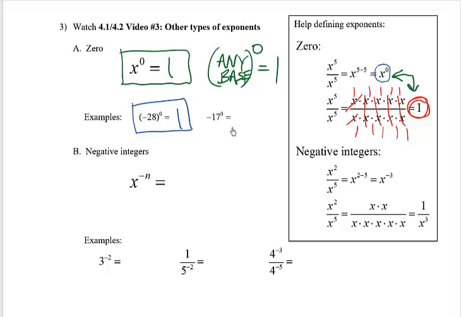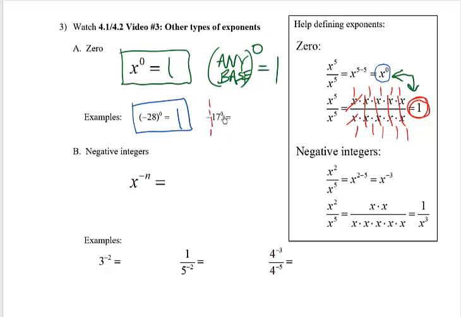Well, no, not because of the 0 issue, but because of something we talked about earlier. Remember, we said that if you want your base to be negative, it must be in parentheses. There's no parentheses here. The base that goes with that 0 exponent is the 17. This is not a negative 17. There's an imaginary dividing line right there.